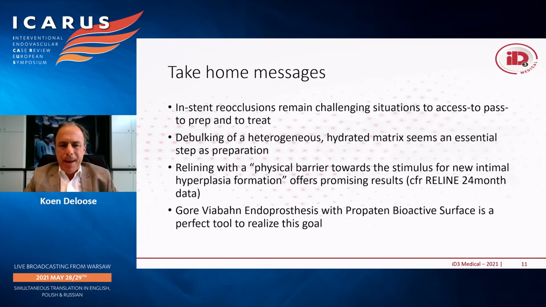Relining with a physical barrier towards the stimulus for new in-stent restenosis and hyperplasia formation offers extremely promising results. This was shown in the Reline 24 months data and confirmed in the Reline Max data that were published last year. And the Gore Viabahn endoprosthesis with Propaten bioactive surface is a perfect tool to realize this goal.